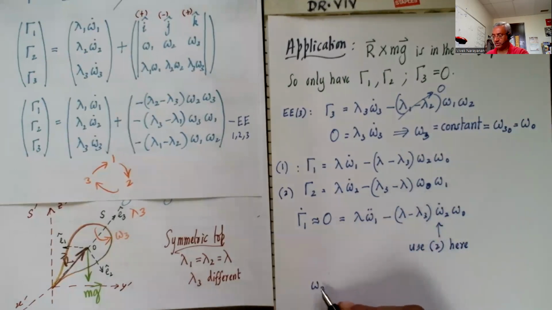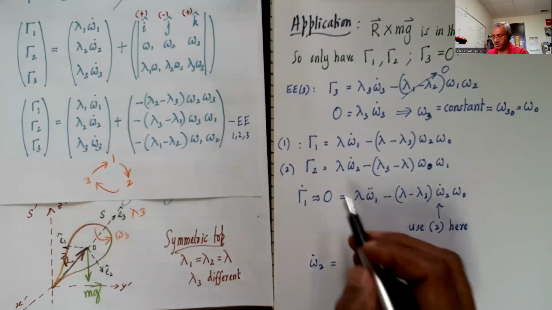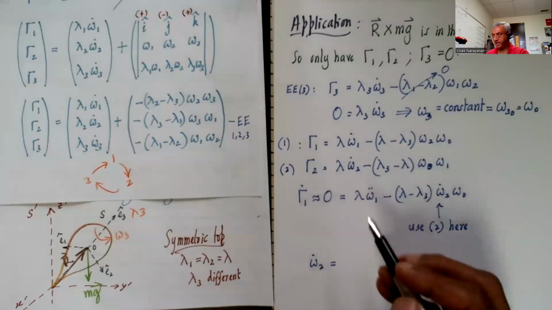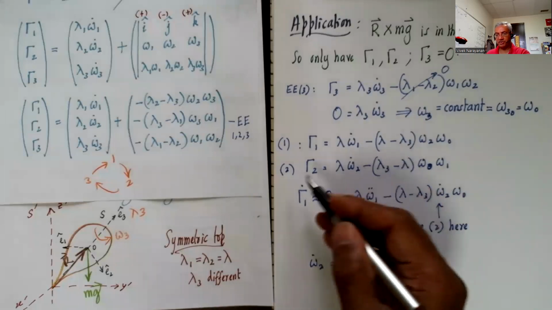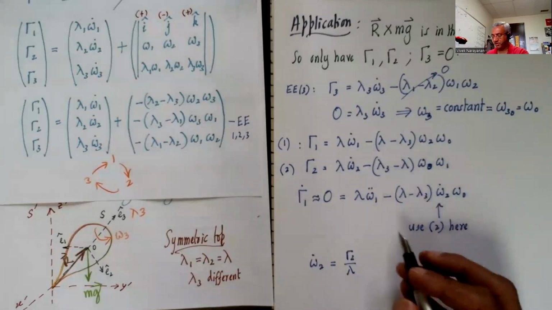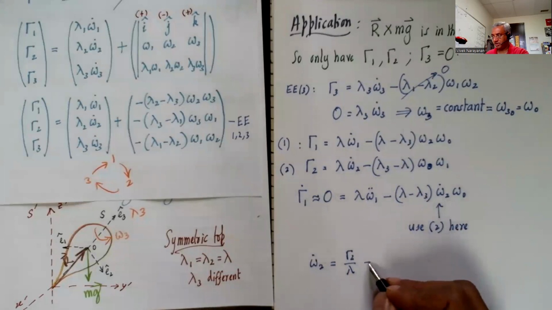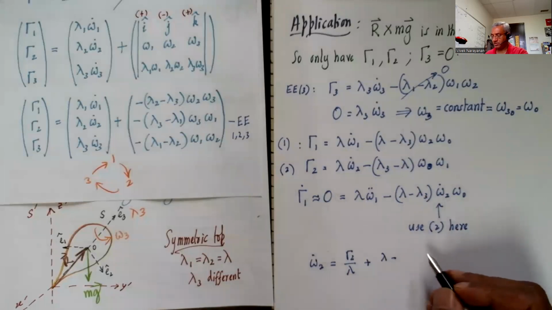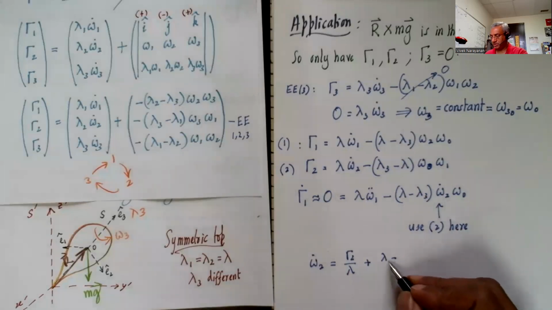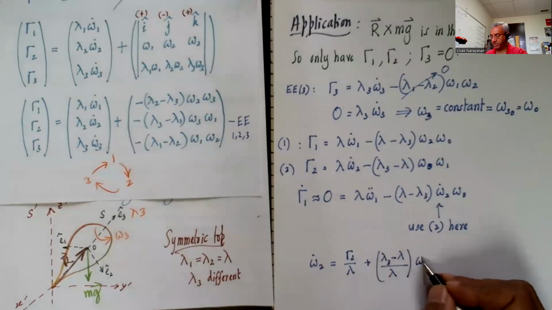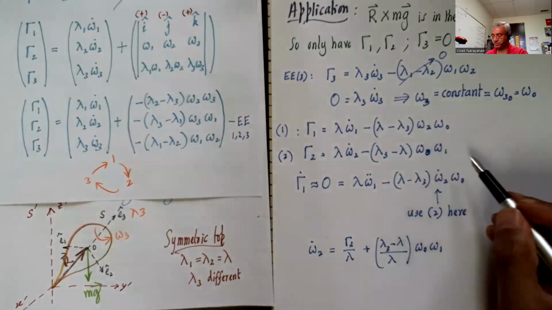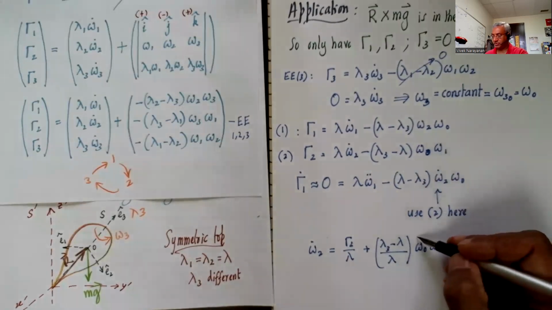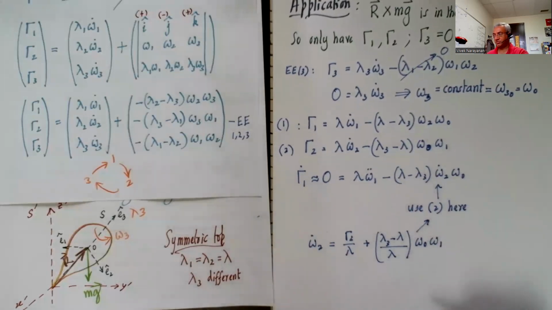Omega 2 dot is going to be gamma 2 divided by lambda, and then I'm moving everything to the other side and dividing by lambda again. So I get a plus lambda 3 minus lambda divided by lambda times omega naught omega 1. That's omega 2 dot from equation 2, so I'm going to use that in there. Let's see what I get.